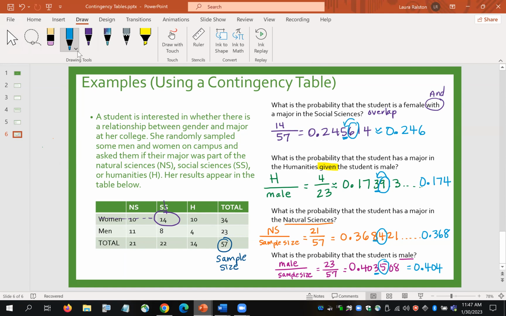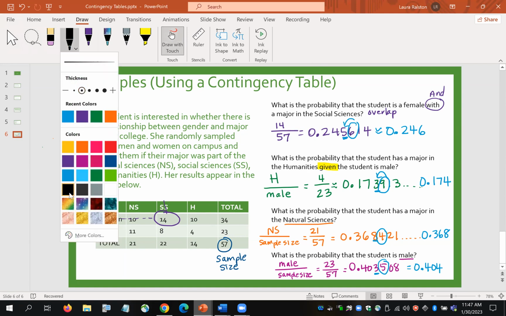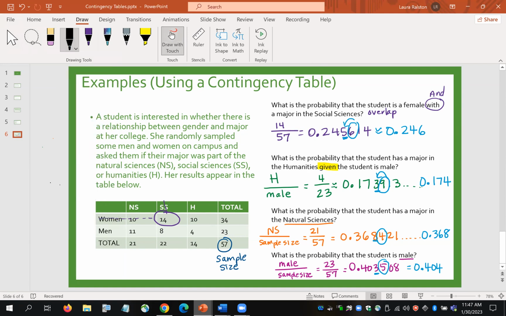The other thing that I would caution you about as you're working through your homework problems on this particular lesson related to probability and contingency tables, D2L prefers that you enter this leading 0. So notice how I'm writing these: 0.246, 0.174, 0.364.